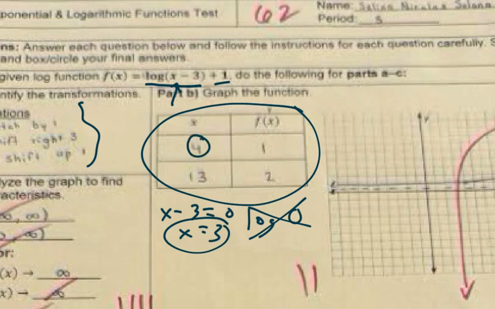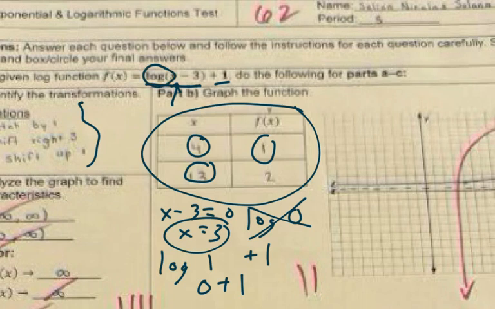So by plugging in 4, we get the log of 1 plus 1. Now the log of 1 is 0. And 0 plus 1 is 1. So you did a good job there. And I noticed you did 13, which again is a good choice because remember, a regular log is base 10.